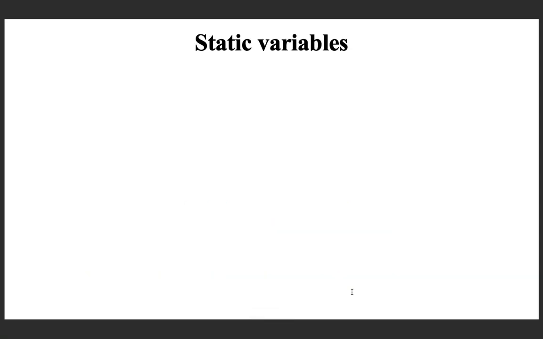Before we formally define what static variables are and what their lifetime and scope are, we can try to understand the necessity for static variables by looking at an illustrative example.